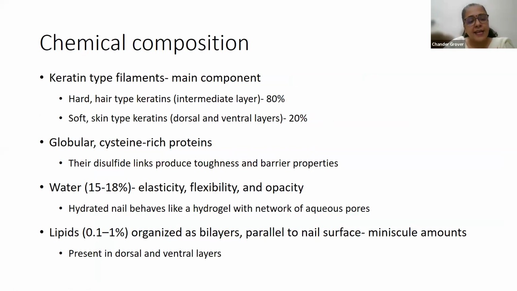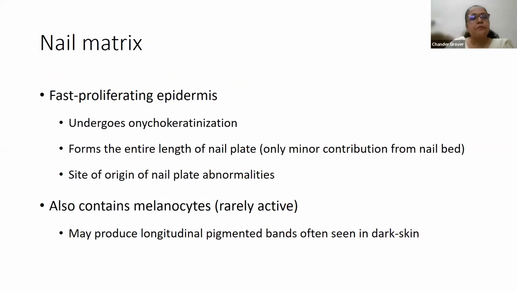So a dehydrated nail will become brittle, and an overhydrated nail is also going to break easily. Lipid content is very low in the nail. So all this has implications with respect to how much a drug will penetrate and which part of the nail plate it will travel through.